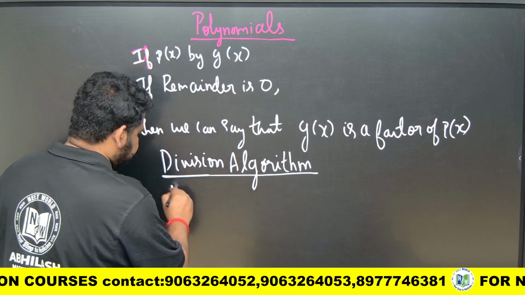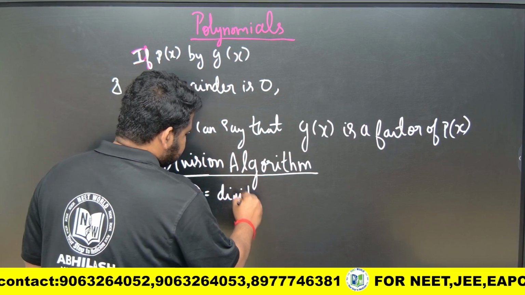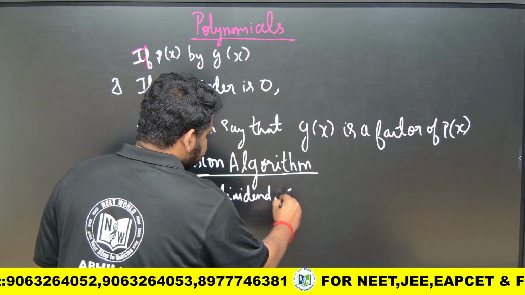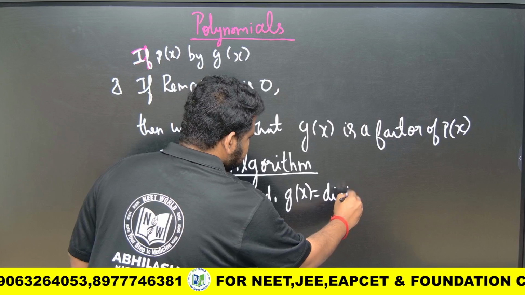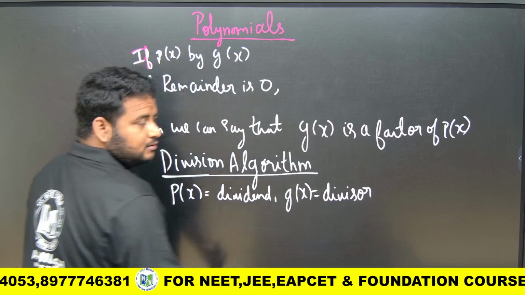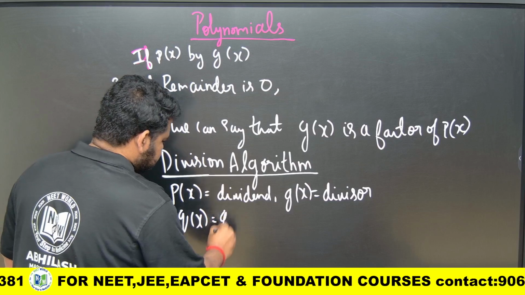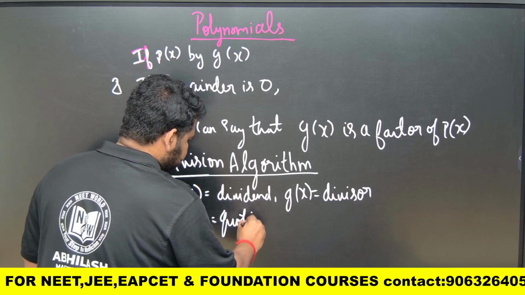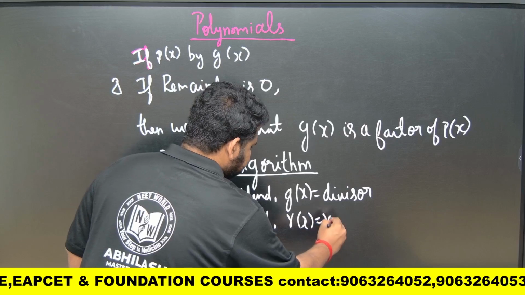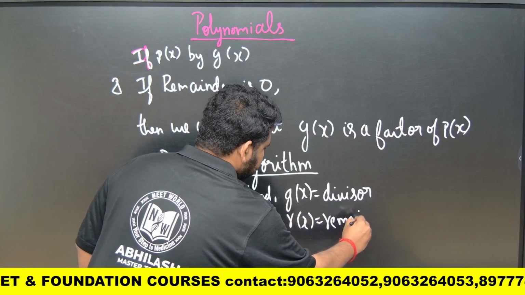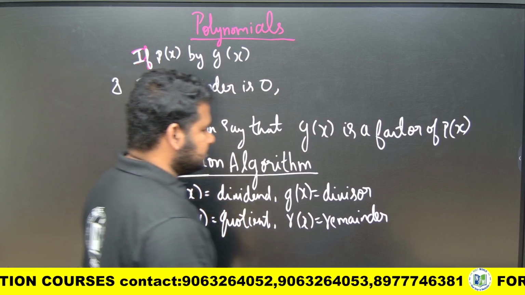Suppose p of x is the dividend, g of x is the divisor, q of x is the quotient, and r of x is the remainder. Then how can you represent this?